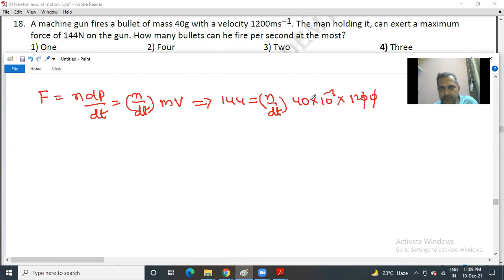You can cancel the three zeros with the minus 3. This gives 144 by 40 into 12, and cancelling 12 with 4 gives 3. So the number of bullets fired per second is 3. So the fourth option is correct. We'll proceed to the next question.